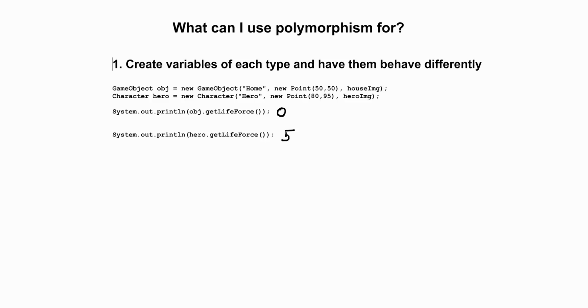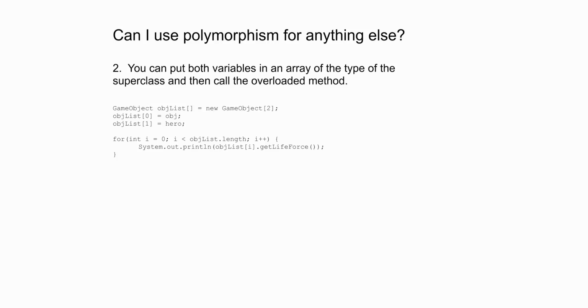So can I use polymorphism for anything else? Yes, you can. And this is the most powerful use of polymorphism. So what we do is we create an array of game objects, and that's what I've done here.